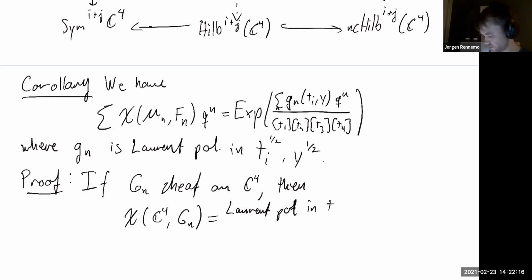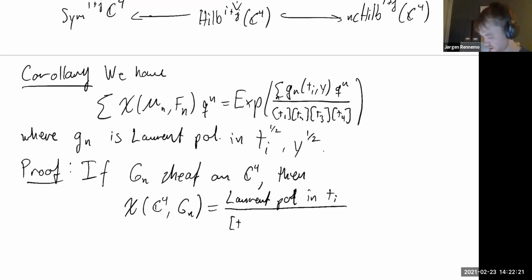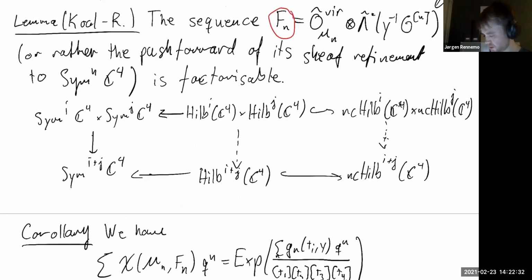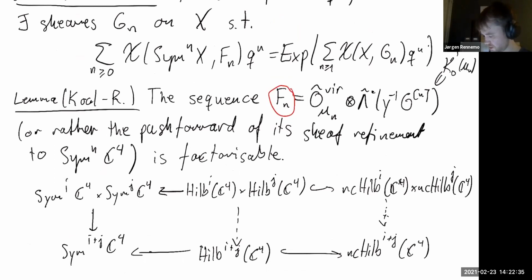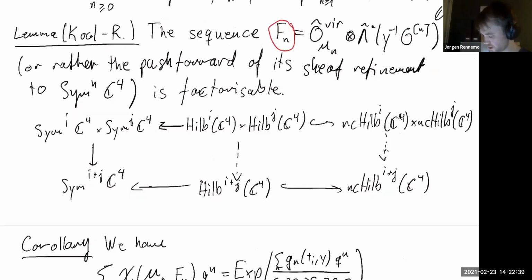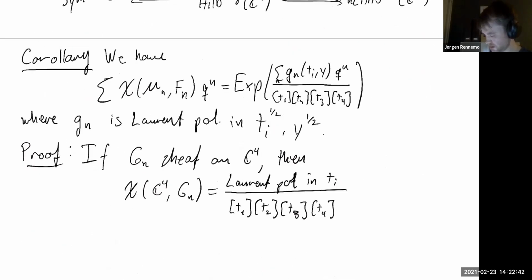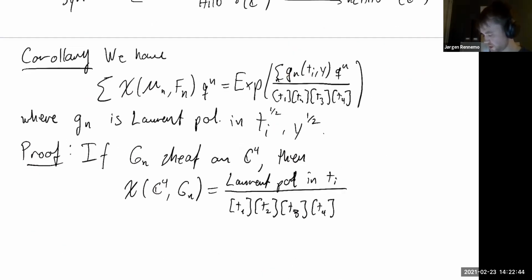The character of this thing, by localization or otherwise, you check that this thing is exactly a Laurent polynomial with denominator exactly what we had before. So taking this thing and putting x equals C4 precisely means that the generating function we care about is a plethystic exponential with this particular shape.